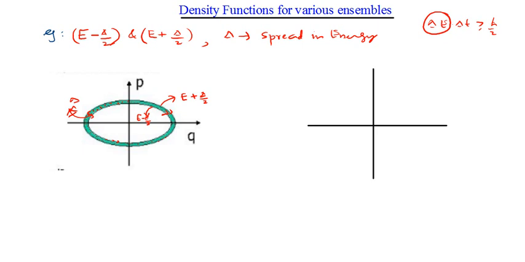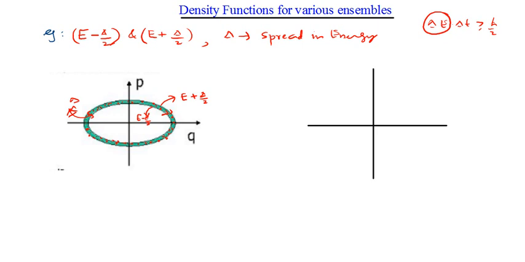So what I am trying to do here is fill in the region between these two with some number of representative points. I am taking care that not even a single representative point is made outside this region.